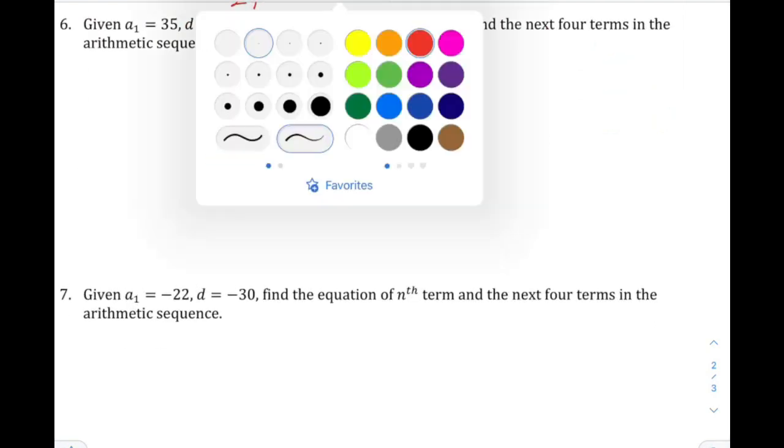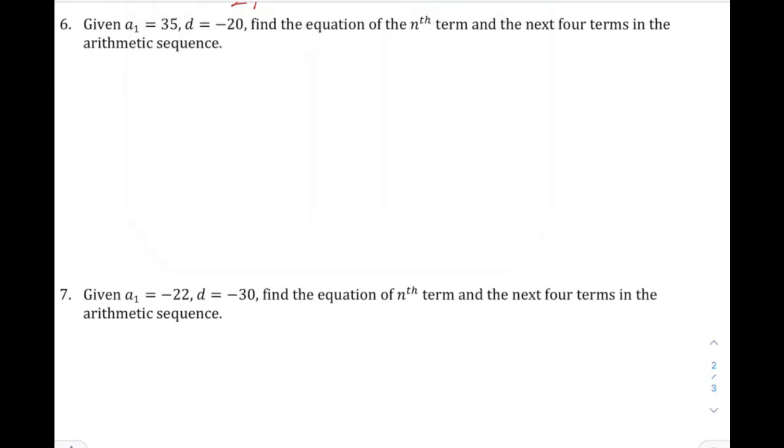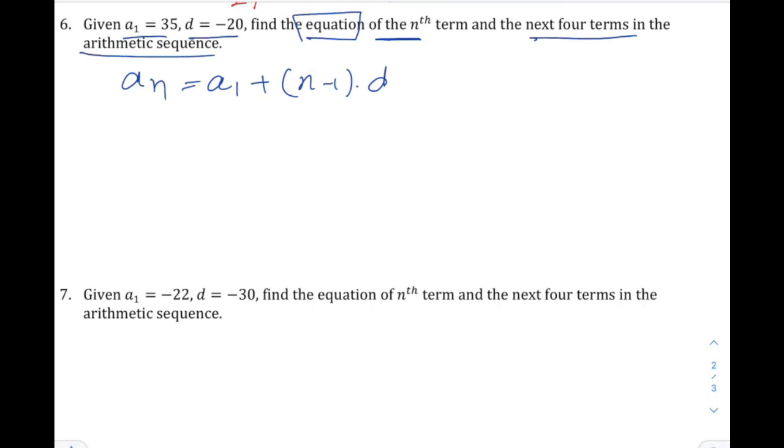Given a1 is 35, d is negative 20, find the equation of the nth term, meaning an, and the next 4 terms in the arithmetic sequence. If you are asked about the equation or the function, you will use this rule again. So let's see what is required. an is a1, given to be 35, plus n minus 1, d is given to be negative 20.